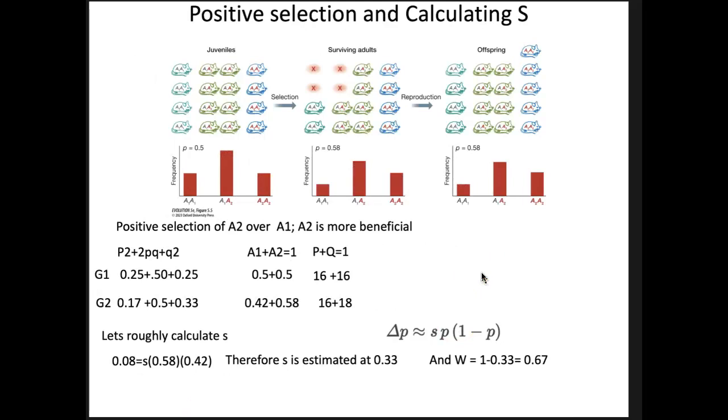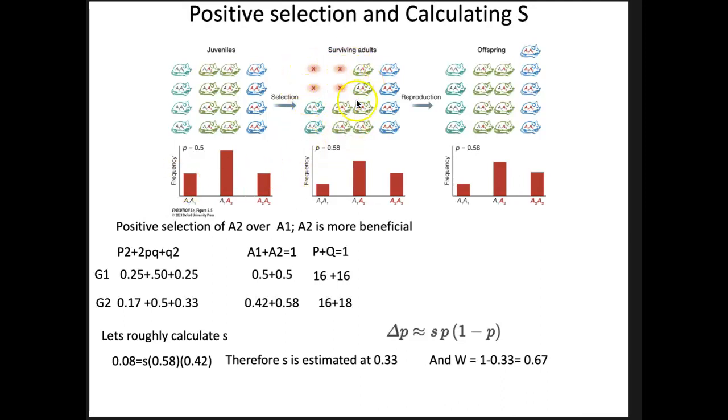So let's talk about positive selection and calculating the selection coefficient. What we have here, I want everybody to look at the diagram at the top. The first diagram, at the left, at the top, is a population of juvenile mice. As the juvenile mice grow, we can see that in the surviving adult population, some of the individuals did not make it to adulthood.